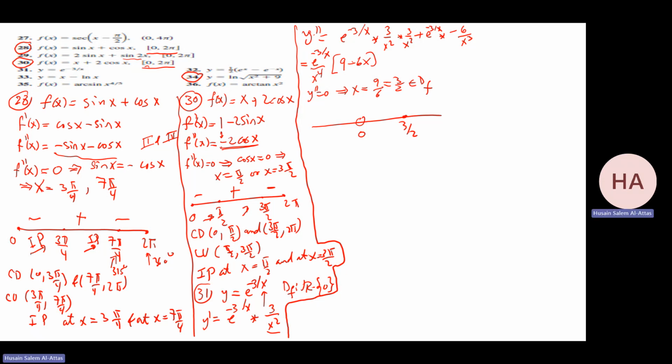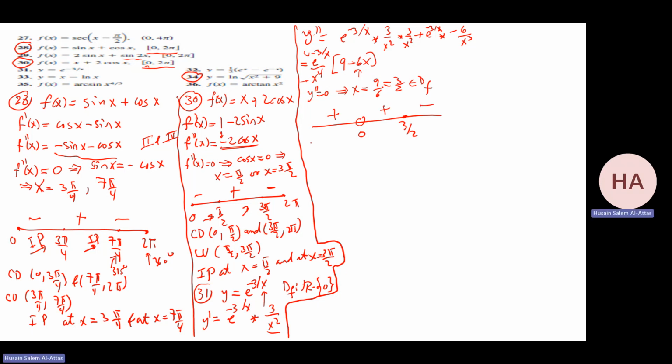So take a value. This is my function. This is positive. This is positive. So my big concern is here. Before 0, take a negative value, it will be positive. Between 0 and 3 over 2, also positive. This one will be negative.